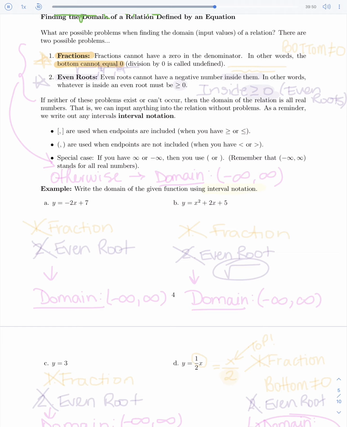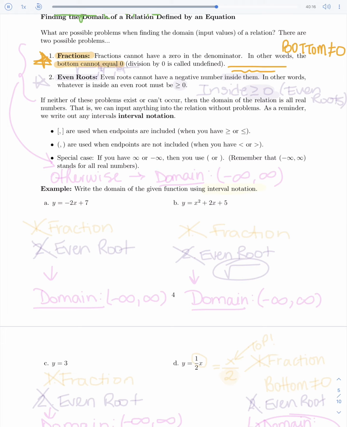You can't have a denominator or a bottom equal to 0. So whatever your fraction is, whatever is down on the bottom, that cannot be 0. So that's our only no-no for fraction. The top can be 0, but definitely not the bottom. So that's the one thing that we're worried about with fractions, is whether or not our denominator or our bottom equals 0.